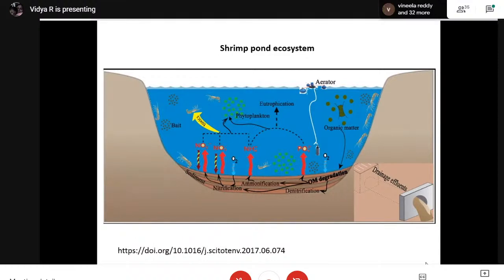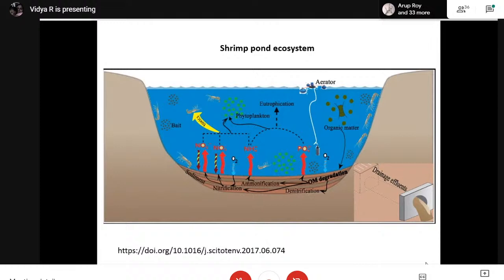Over this run, a lot of feed and molting shells will sink to the bottom, and the bottom will always be filled with fecal matter and organic matter, which in turn becomes a source for bacterial multiplication and germination, and many other parasitic problems.